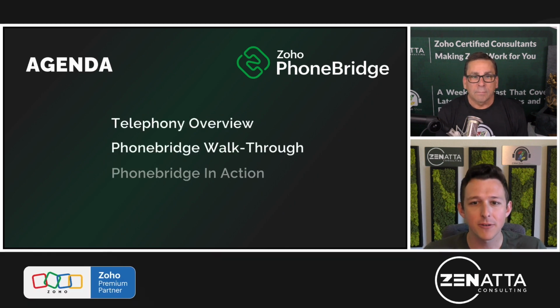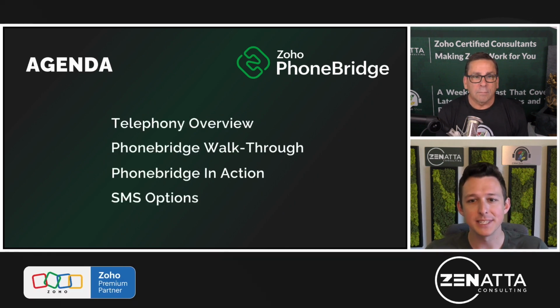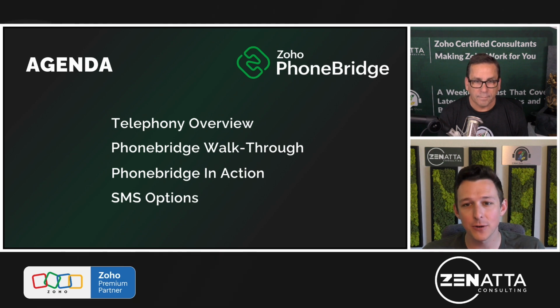Alrighty, so we have our agenda laid out for here today. First section, I'm going to go through an overview of telephony in Zoho kind of across the board. There's more than one way to plug your phone into Zoho, so we like to clarify the differences, the pros and cons. Then I'm going to hand it over to Brett, who's going to walk through an install of RingCentral using the PhoneBridge.